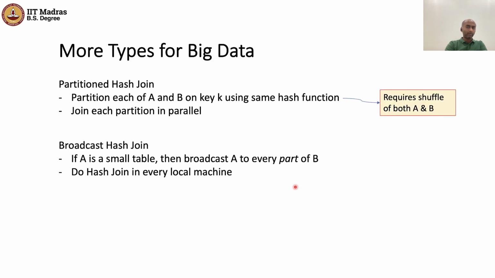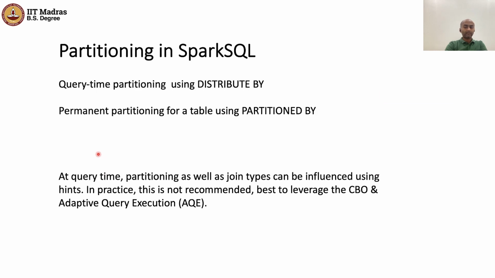Remember we spoke about stats, rule model, cost model, and those play a role in determining if A is small, etc. So all of that is the role of the cost-based optimizer, and the specific functionality that SparkSQL also has, which is called adaptive query execution. So leverage that, and that's going to stand you in better stead than going down the road of hints. I'll spend a lot of time on the CBO in the next video.